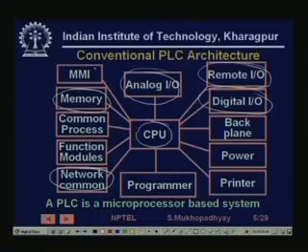You have man machine interface, which is also a kind of input output. Then you have a programmer, by which you can develop a program, let us say an RLL program, and load it into the PLC memory. That is also a kind of I/O.